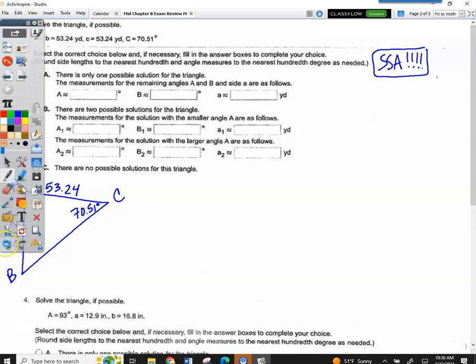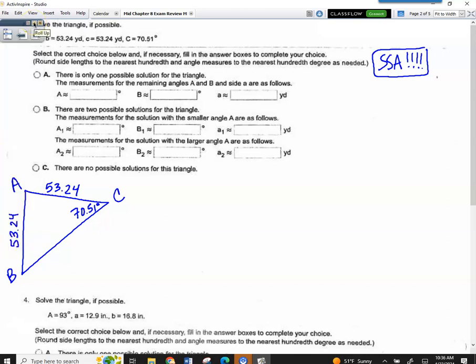What do you notice about the info given? Do you notice that you wrote the exact same thing for two sides? Which means that this is actually an isosceles triangle.